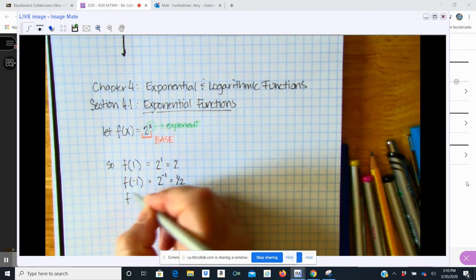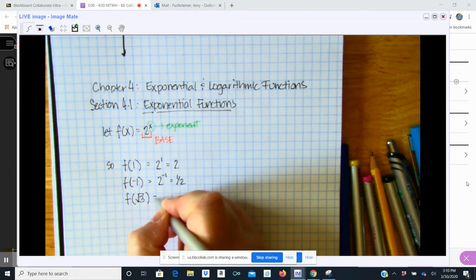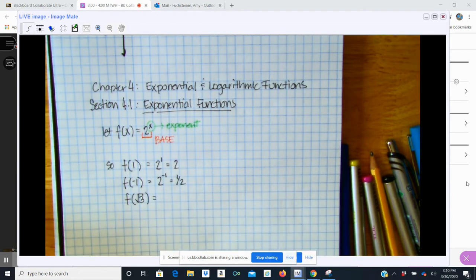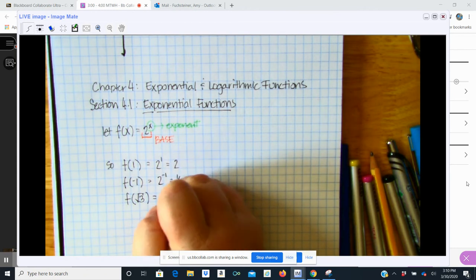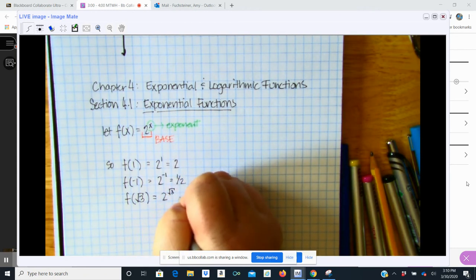However, what would you do if you had f of the square root of 3? Can you put the square root of 3 in the power? Can you do 2 to the square root of 3?